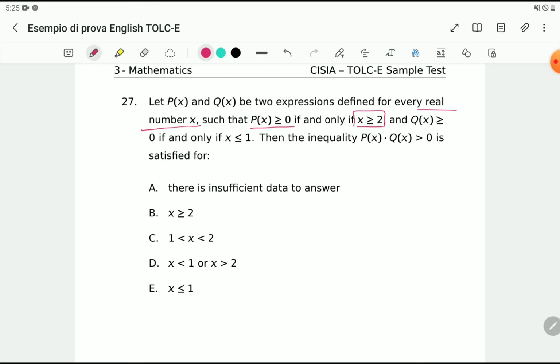Okay, what they said, Q of x greater than or equal to 0 if and only if x less than or equal to 1. So there are two conditions. We can write that.